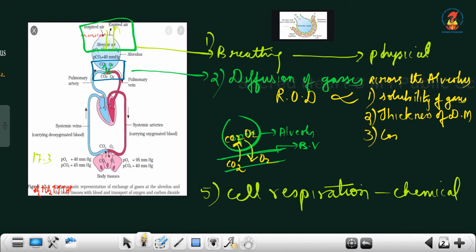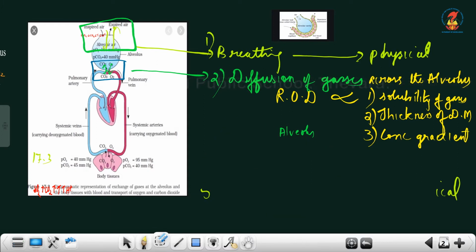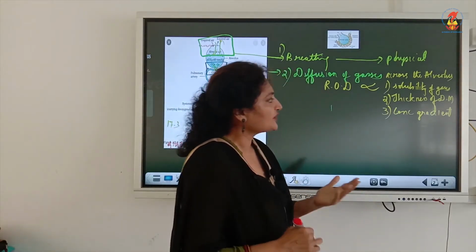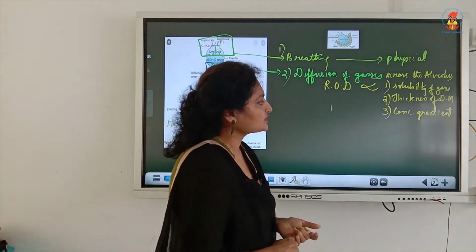And lastly, concentration gradient. So the rate of diffusion depends upon these three factors: solubility of the gases, thickness of the diffusion membrane, and the concentration gradient.